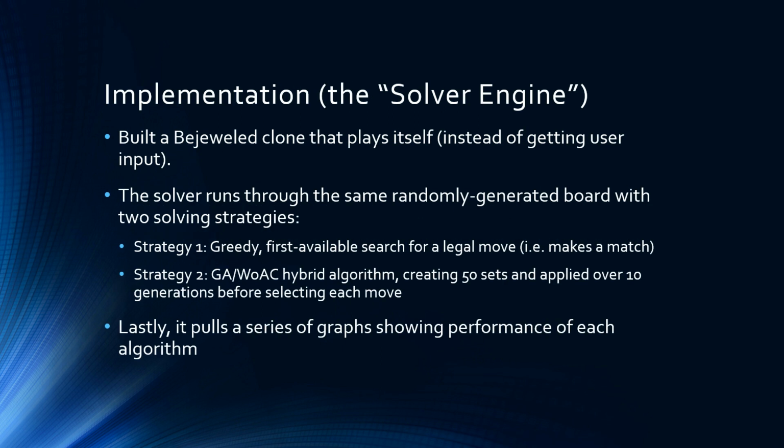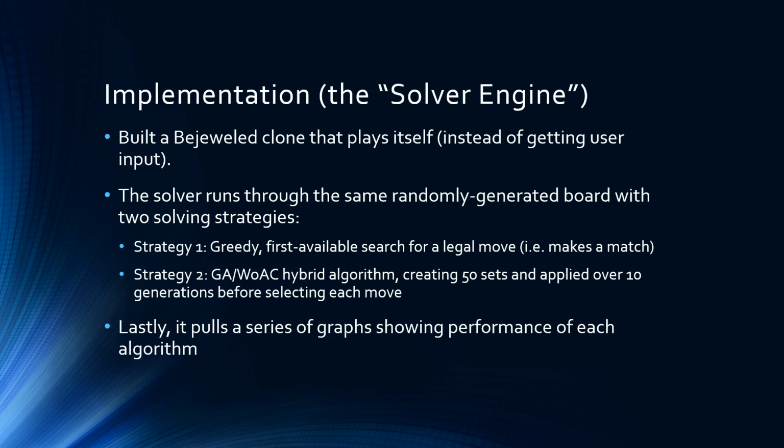So implementation, solver engine. Essentially it's a Bejeweled clone that plays itself, versus allowing any user input. It uses a couple of different strategies to try to solve the game. It keeps a copy of the original random board, so it generates that, and it's randomized, and then it saves a copy. But then it takes the original and applies the first strategy, which is a greedy first available search.